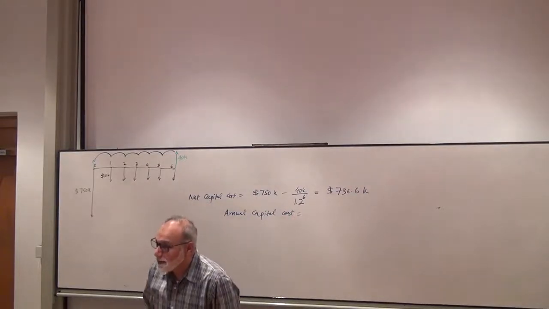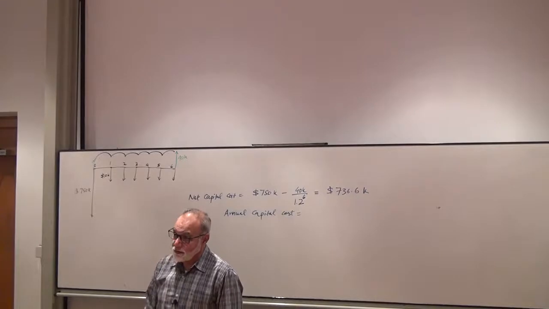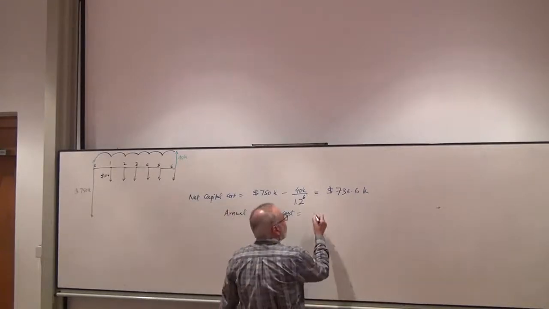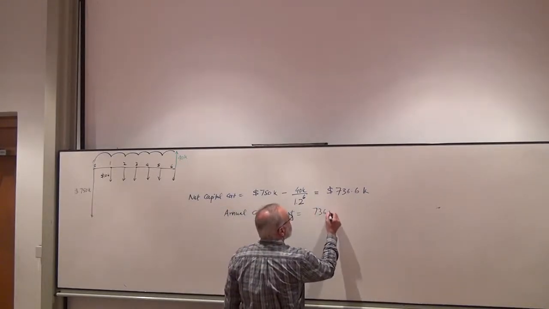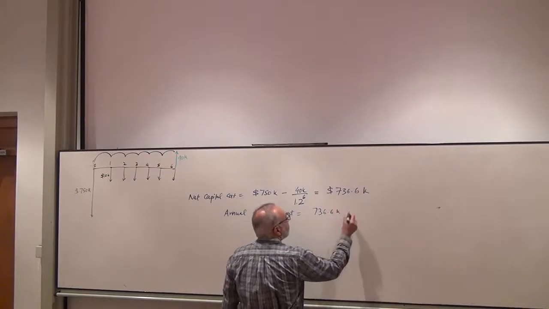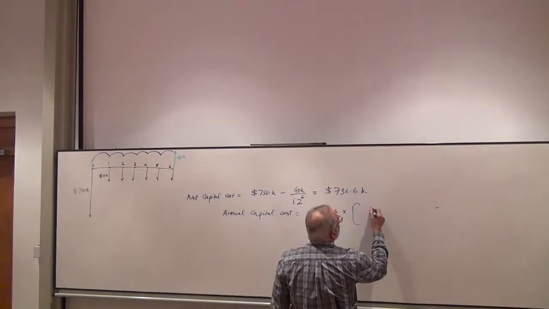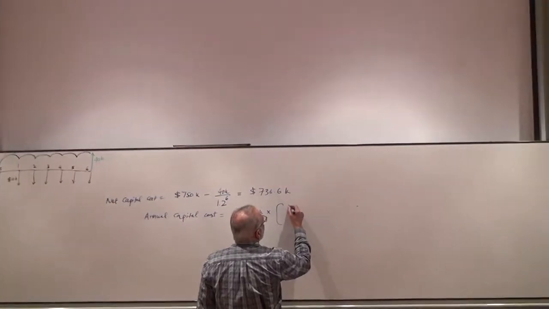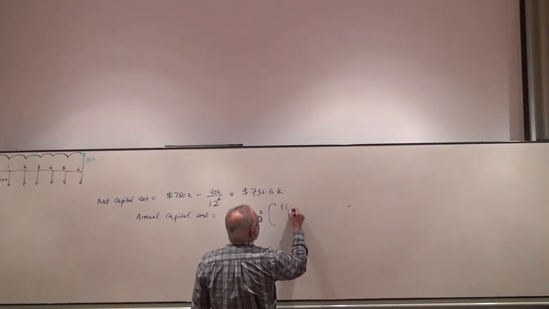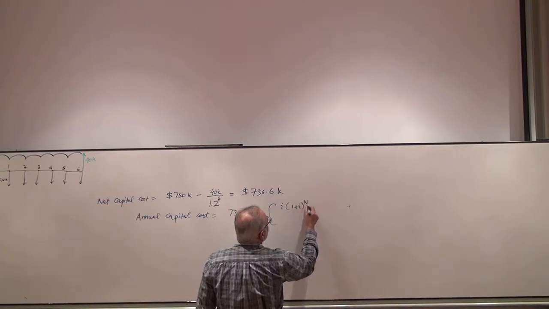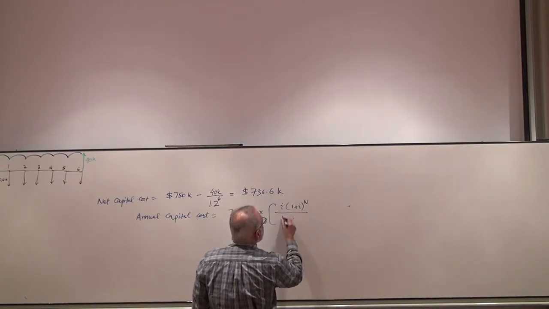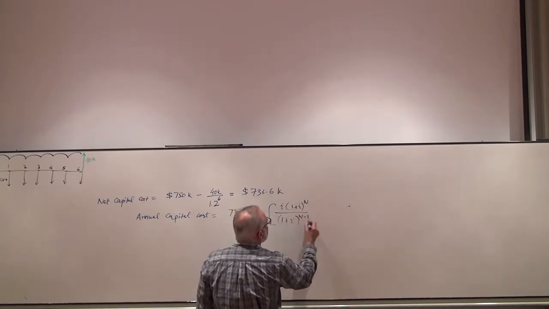Multiply by capital recovery factor, we will annualize it. Good. So we have 736.6K multiplied with the factor here, which is i into (1 plus i) raised to power n over (1 plus i) raised to power n minus 1.